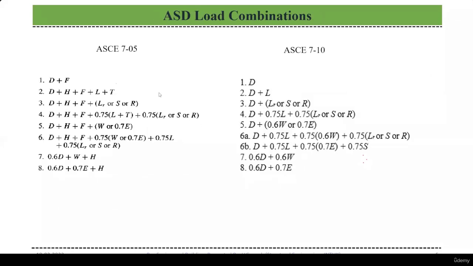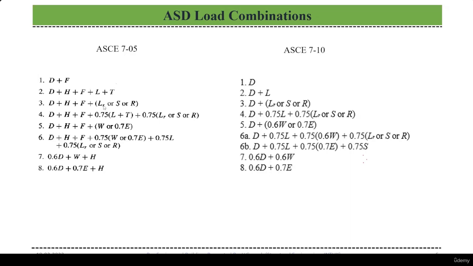So these are ASD combinations, in ASCE 7-05 and ASCE 7-10. All these values indicate some load. Let us take what D is here. D indicates dead load, whereas F indicates fluid loads with certain height, whereas H indicates hydrostatic pressure, and L includes a floor live load. There is a difference between a floor live load and roof live load.